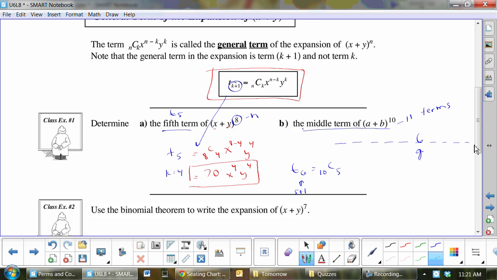The first term is a, and that is going to be to the 10 minus 5. And the second term is b, not x anymore, because whatever is x, the first term, becomes replaced by a, and b will be the second term, and this will just be 5. So this is 252 a to the 5, b to the 5.